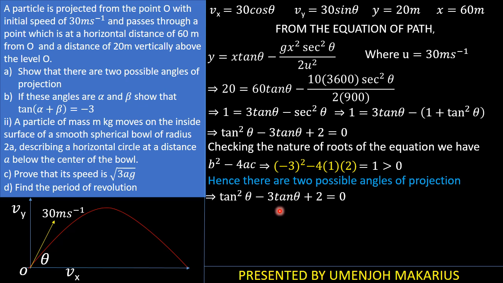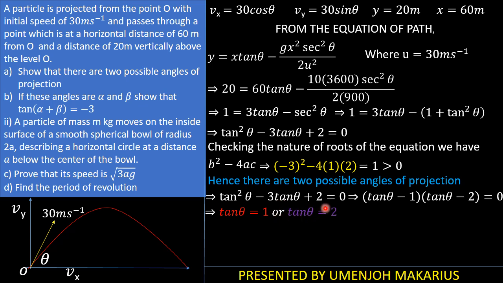Those two numbers are -2 and -1. Since the coefficient of tan squared theta is 1, we have tan theta minus 1 into tan theta minus 2. Solving for theta, we have tan theta equal to 1 or tan theta equal to 2.